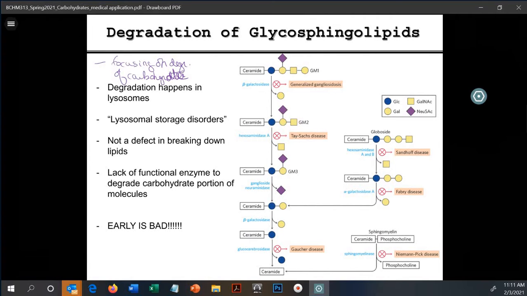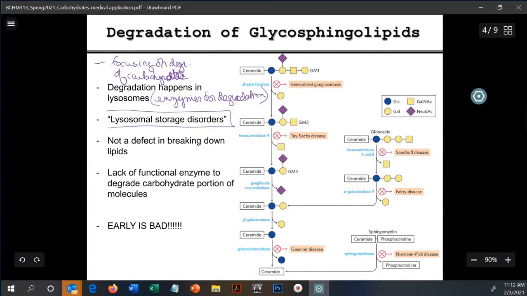Again, this degradation is happening in lysosomes because this is where the enzymes for degradation are. And so this collection of disorders falls under the general label of lysosomal storage disorders. And there are some great pictures coming up.